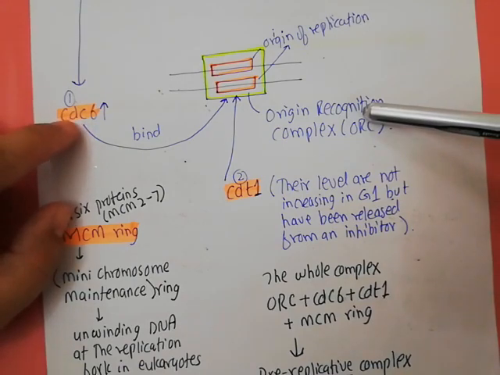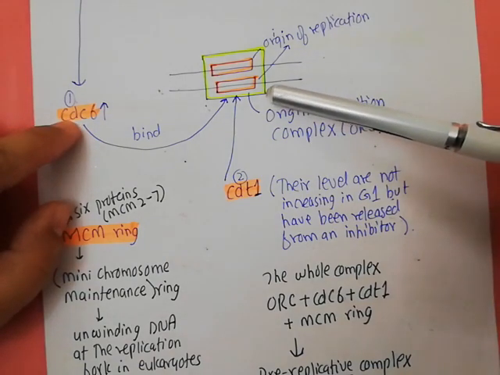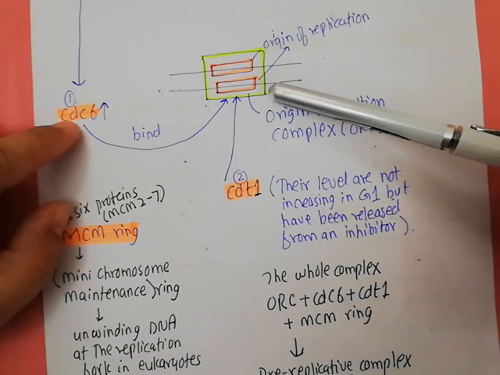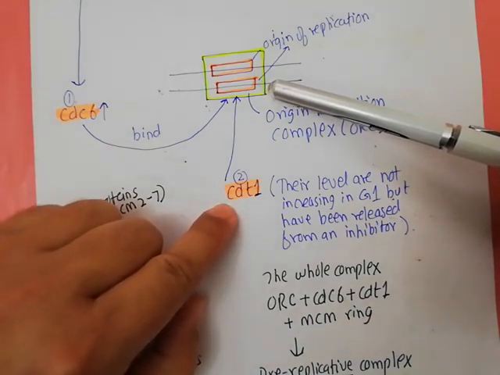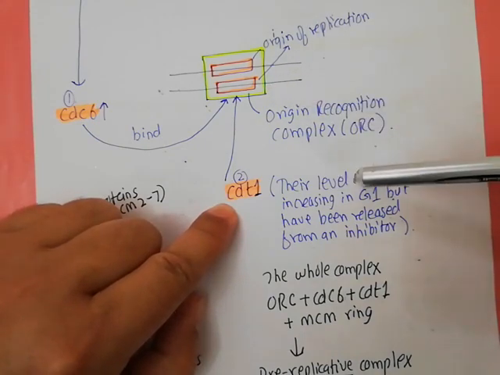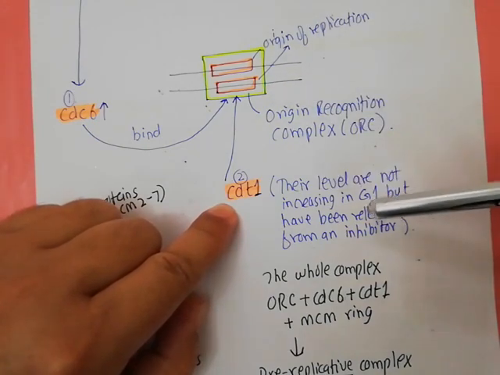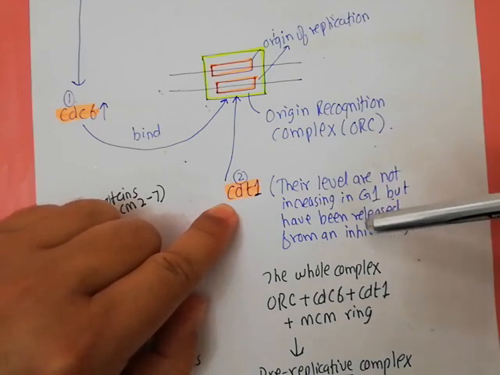Once the Cdc6 has bound to this origin recognition complex, it creates a binding site for another protein which is known as the CDK-4 protein. Now, the concentration of CDK-4 is not going to increase in the G1 phase, but it has been released from an inhibitor.